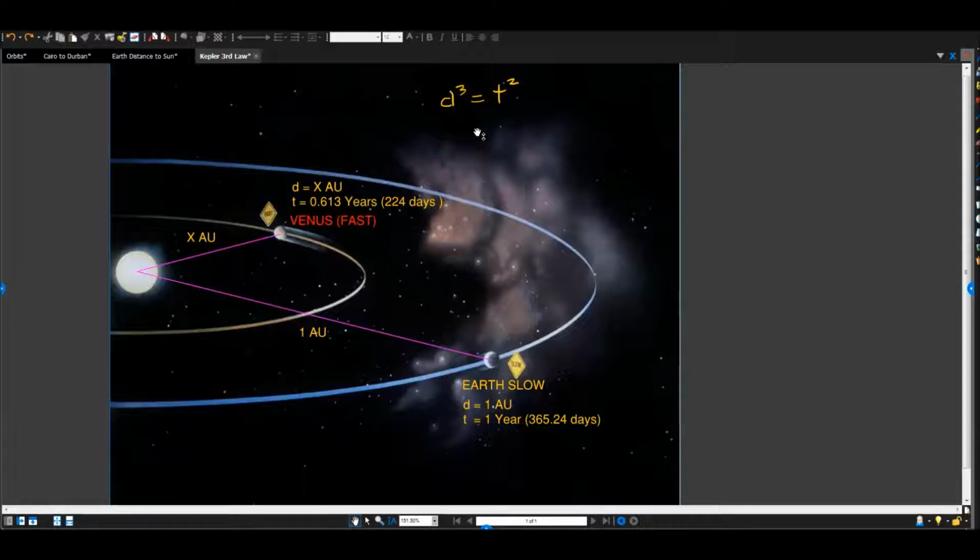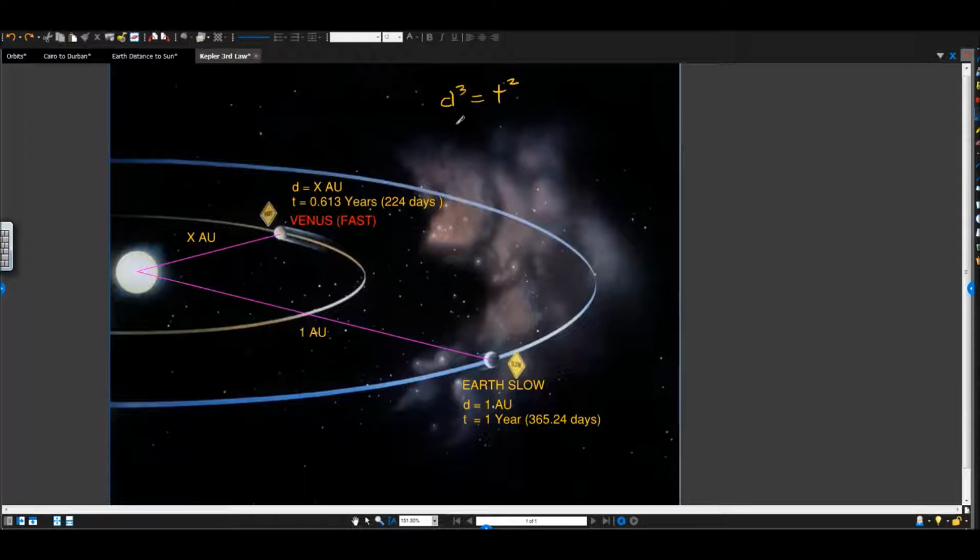If we know the time that it takes a planet to orbit the Sun, we can calculate its distance, which is very useful. So for example, let's do this for Venus quickly.